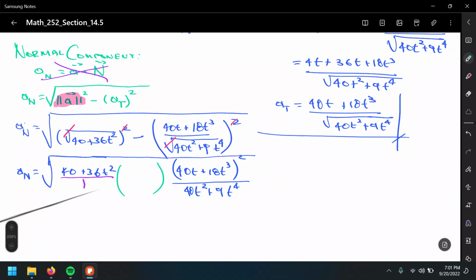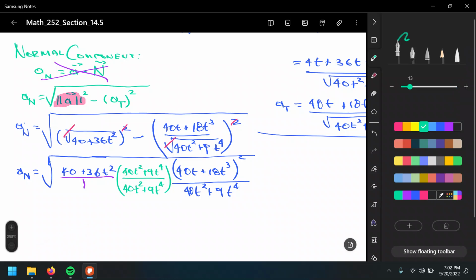So multiply by 40t squared plus 9t to the fourth and same in the denominator.